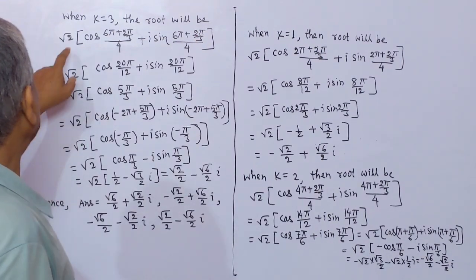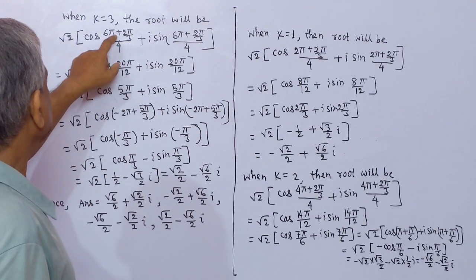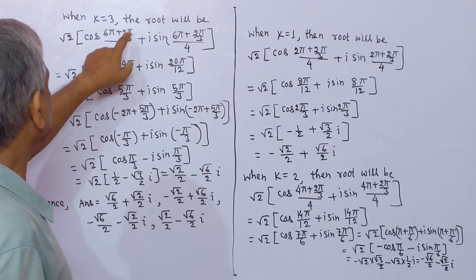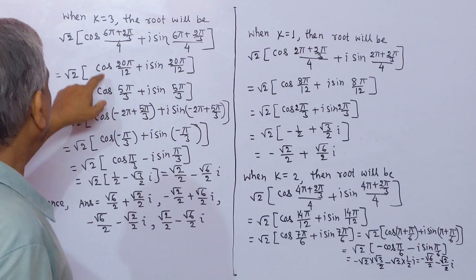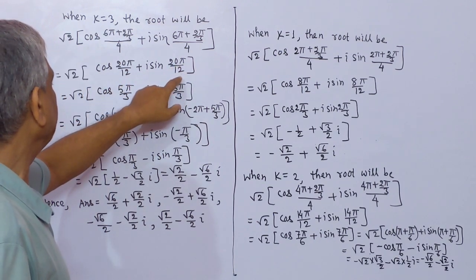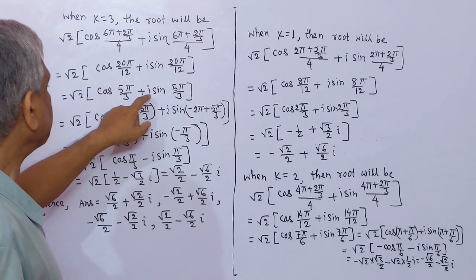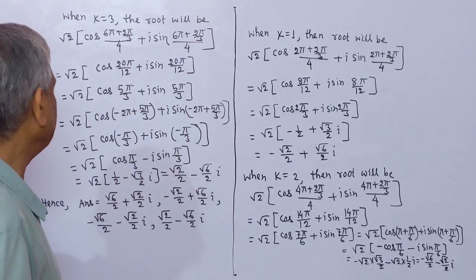This is equal to square root 2. Here 6 3s are 18 plus 2, 20. So this is cos 20 pi by 12 plus I sin 20 pi by 12. This is equal to cos 5 pi by 3 plus I sin 5 pi by 3.